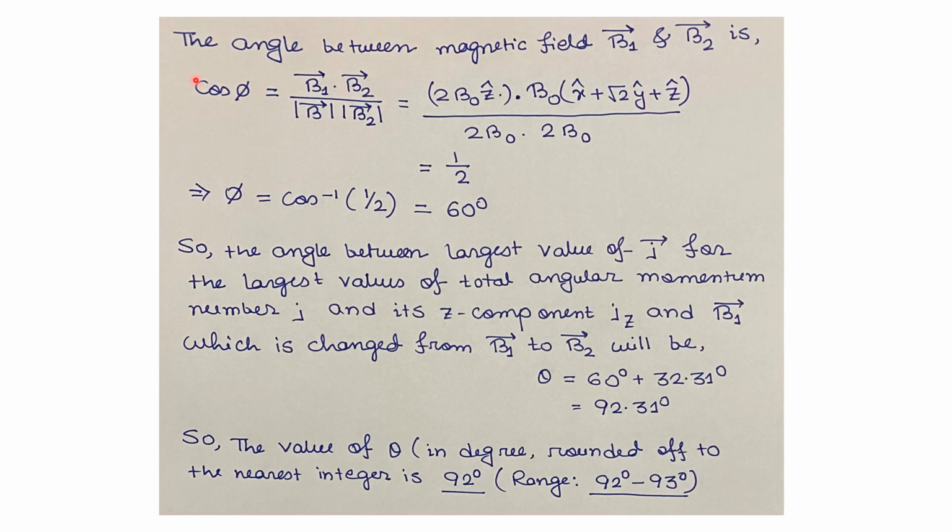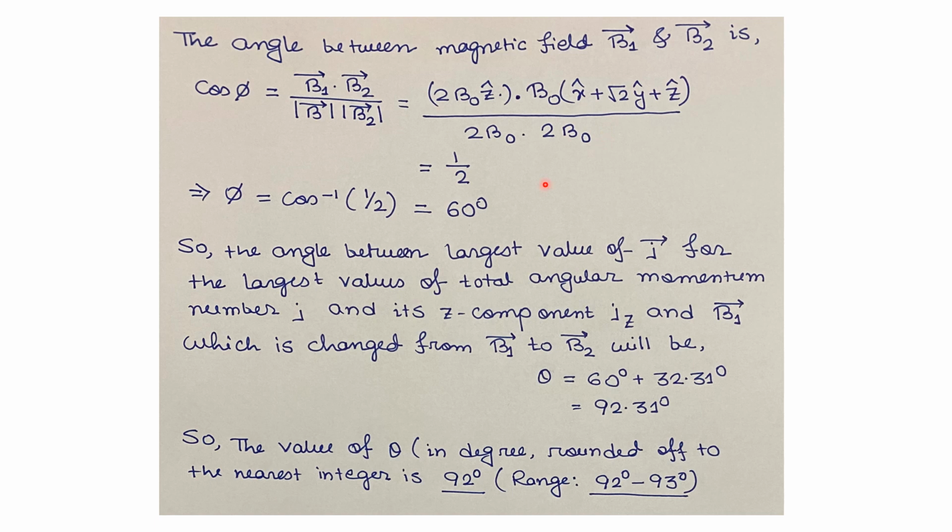Now the angle between the two magnetic fields, B1 and B2, is phi. So from the dot product formula, cos phi equals B1 dot B2 divided by mod of B1 times mod of B2. So it will be 2B0 z cap dotted with B0 times x cap plus root 2 y cap plus z cap, and the magnitude of B1 is 2B0, and the magnitude of B2 is also 2B0.